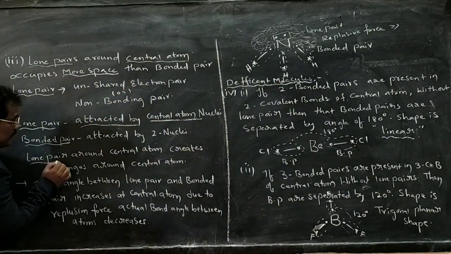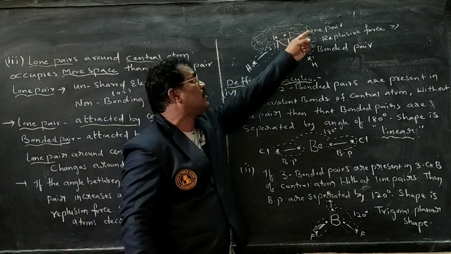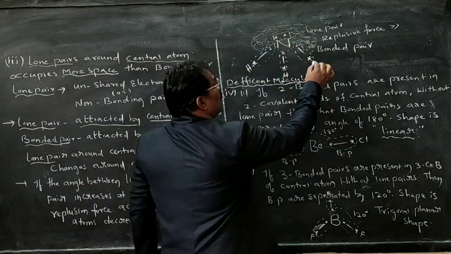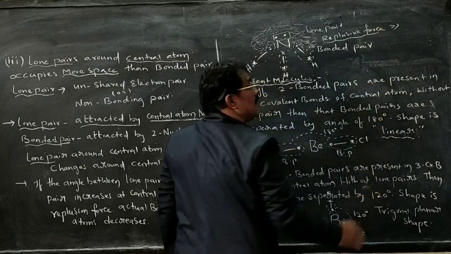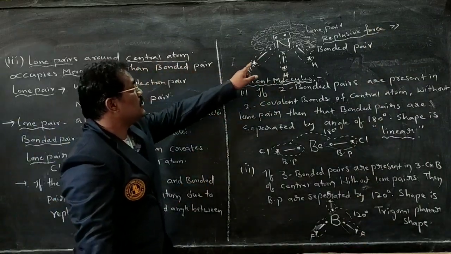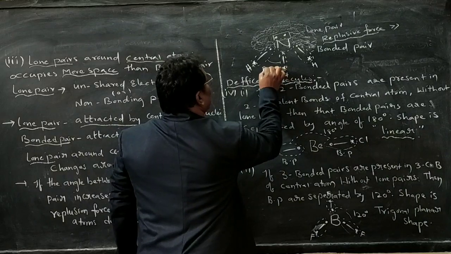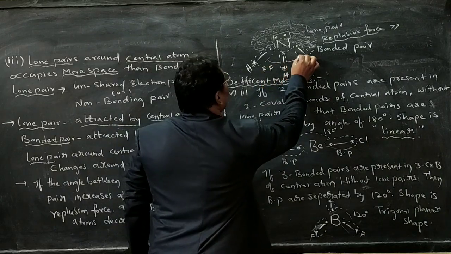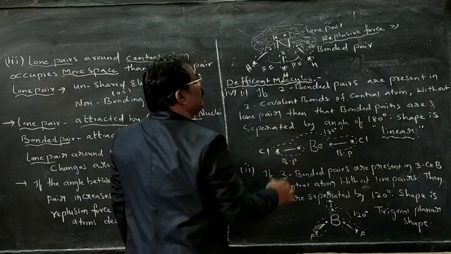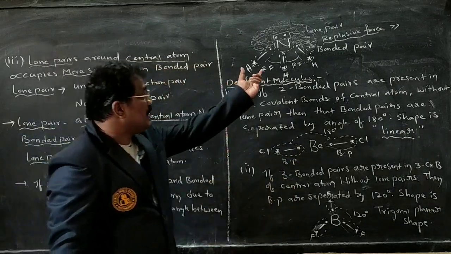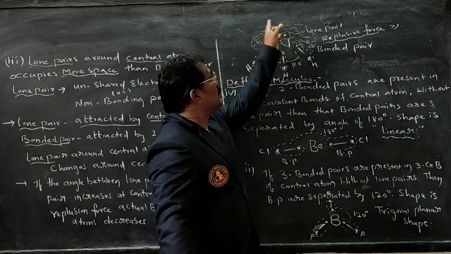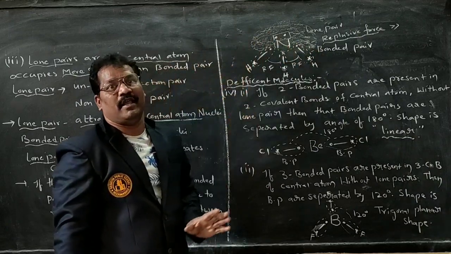So these lone pairs create a lot of space by means of one force. What is that force? A repulsive force around this particular bonded pair also. In between these two bonded pairs there is also a repulsive force, but that repulsive force will be lesser than that of the lone pair.